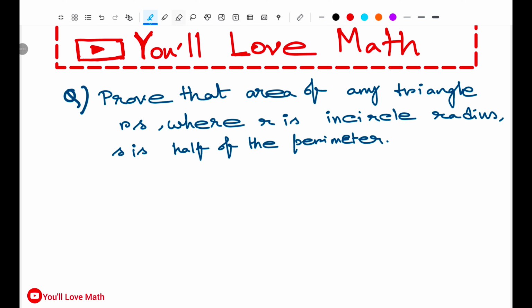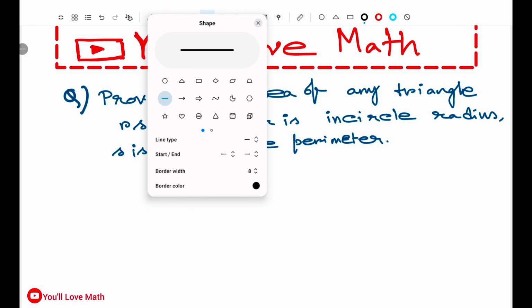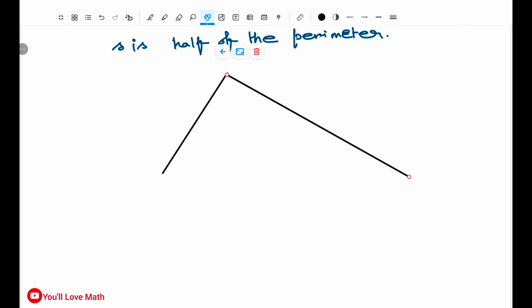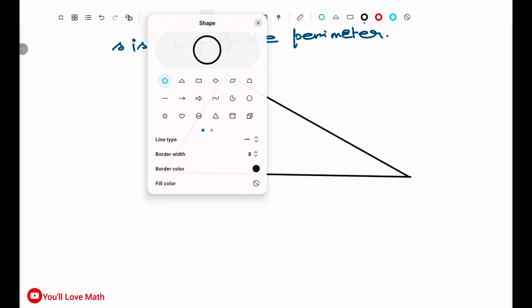So let's draw a triangle first, then we will proceed accordingly. I am drawing a scalene triangle so that it will be easier to understand, and drawing a circle in it.